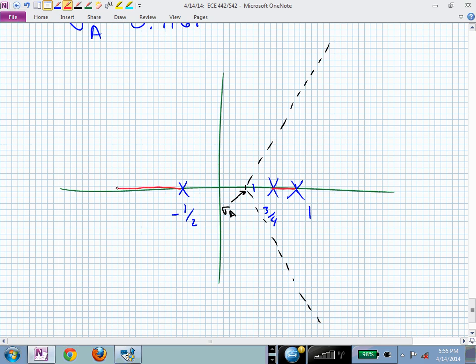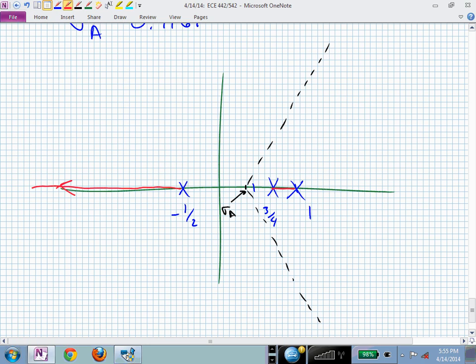And that one's going off along one of the asymptotes. I could have sketched a black dashed line at 180. That's also possible, but it would be buried underneath the green line going off to minus infinity, and so I didn't do that. But now we could compute the breakaway, which is going to happen somewhere between 3/4 and 1.